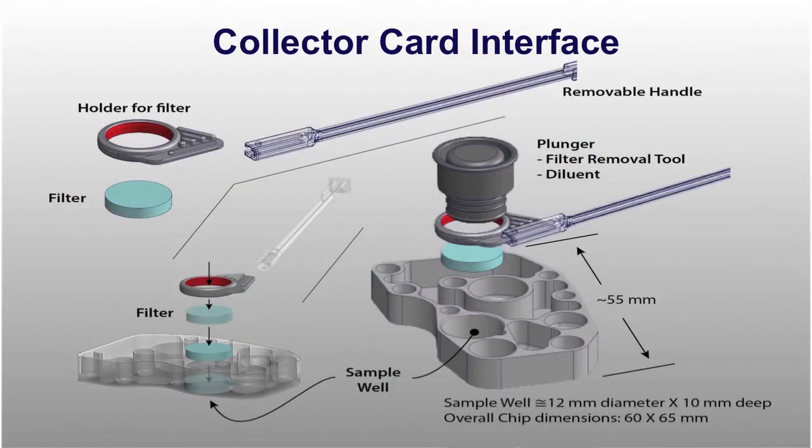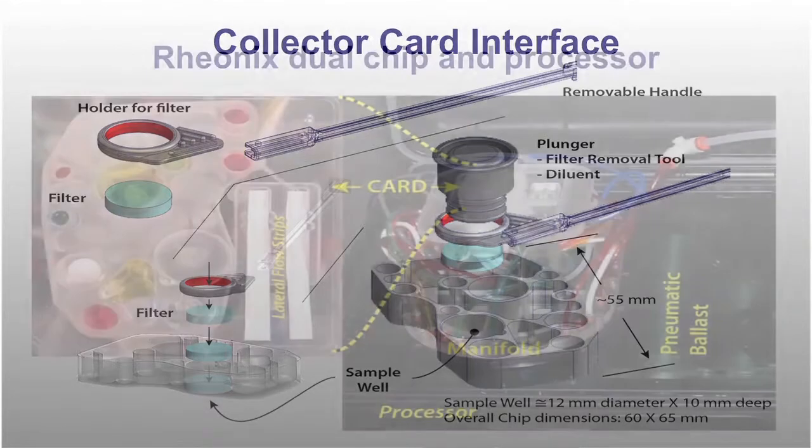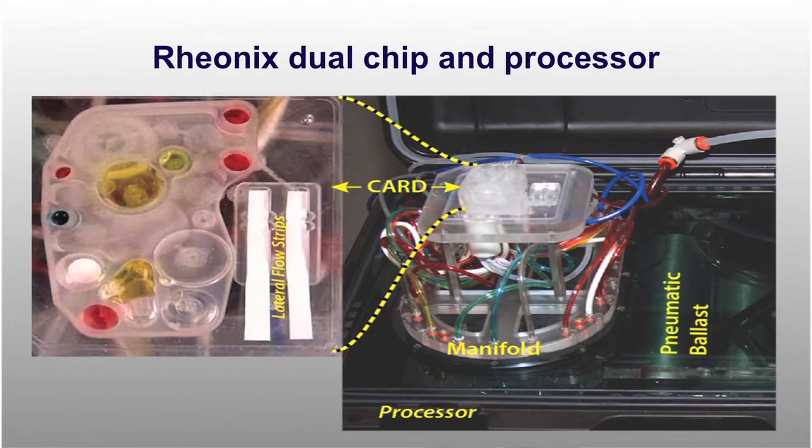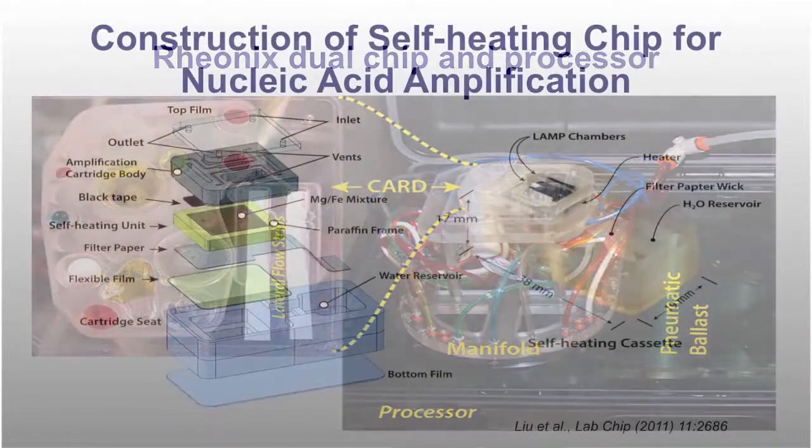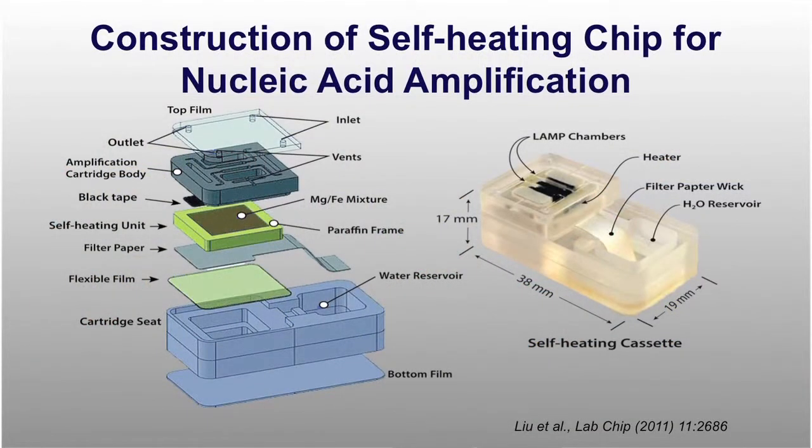If we go back 10 years, the diagnostics tests that were done in clinical laboratories had these very large instruments that were very expensive and required highly trained technicians and were very expensive to carry out. The idea of microfluidics was to scale down, and if you do something at a very small volume, everything is cheaper.